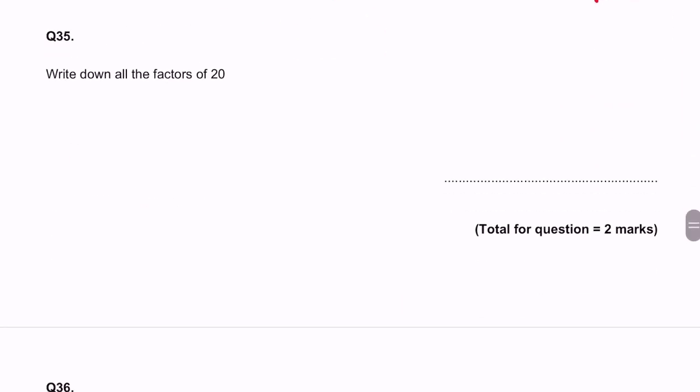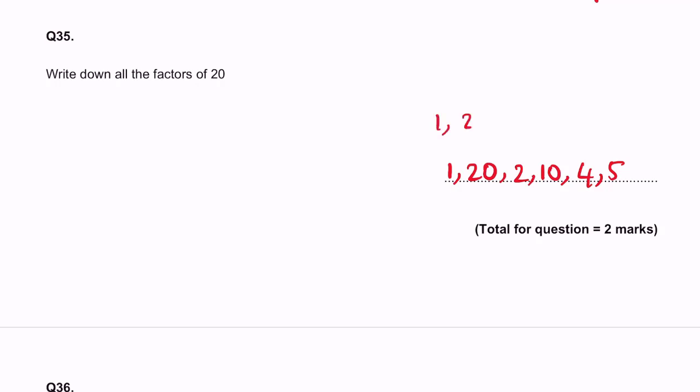Next, write down all the factors of 20. When you write down the factors of 20, always write them in pairs. So 1 and 20, 2 and 10, 4 and 5, and that's it. So we have 6 factors altogether. If you want to, you can write them in order as well.